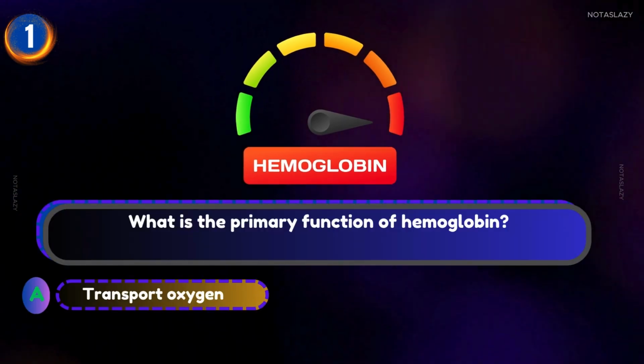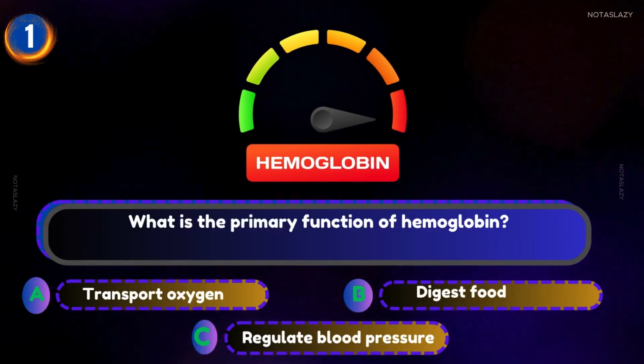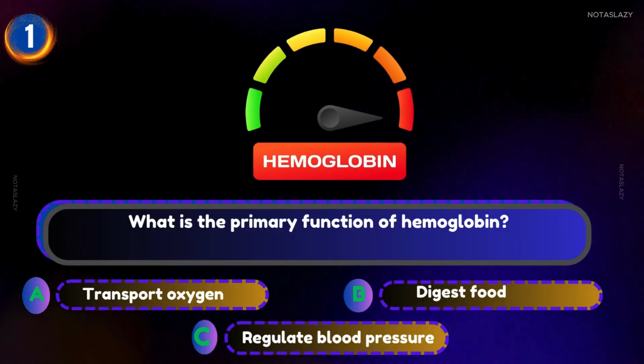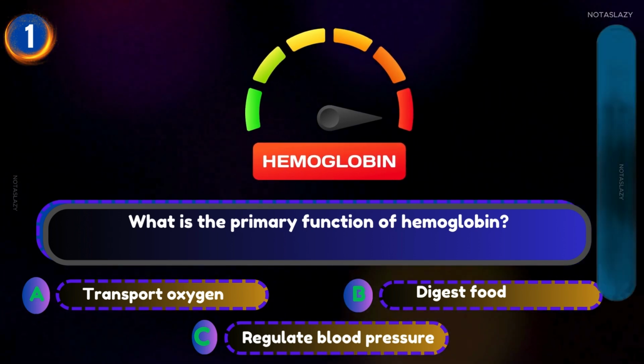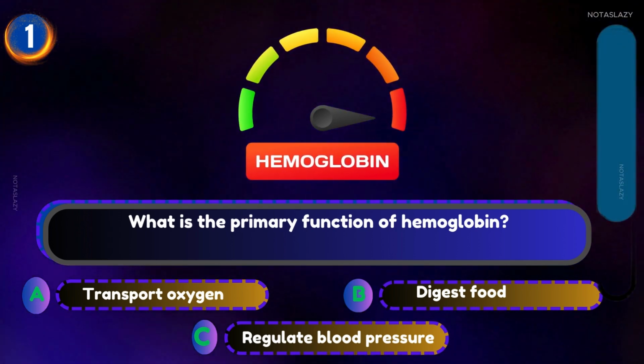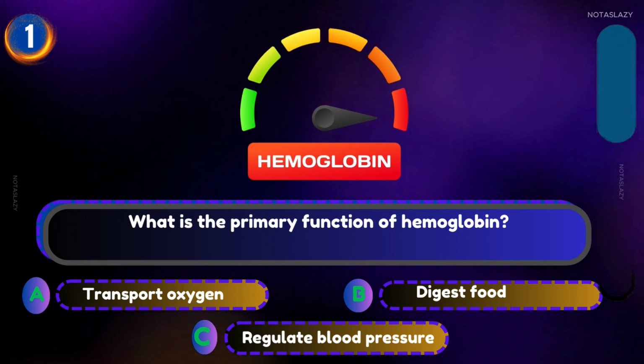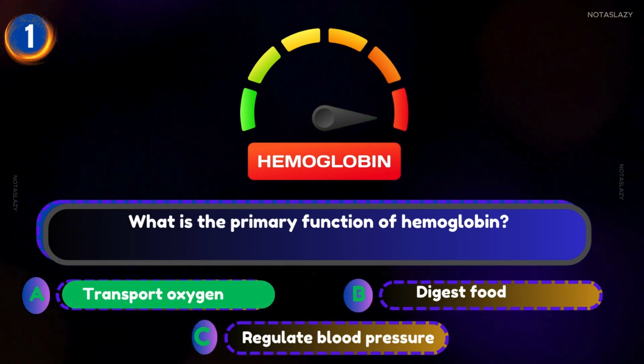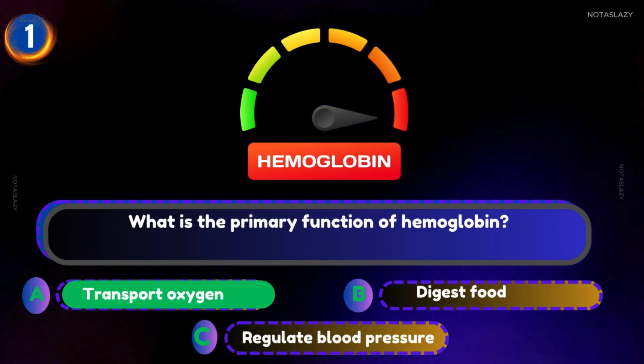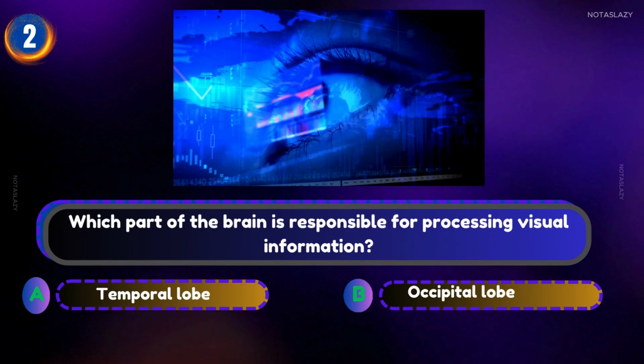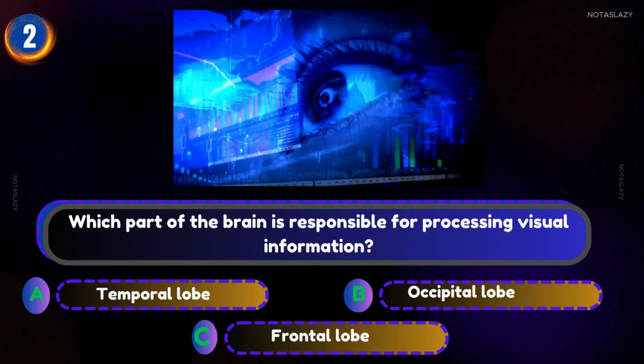What is the primary function of hemoglobin? Transport oxygen. Which part of the brain is responsible for processing visual information?